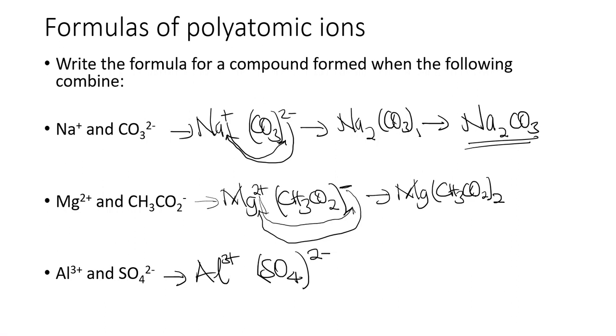Now I will transfer the 2 to go down here to become a subscript on aluminum. Then I'll transfer the 3 to go down here to become a subscript under the sulfate. So in the end, I'll have an aluminum that has a subscript of 2 and a sulfate that has a subscript of 3. Remember, because it is non-1, do not remove the parentheses.